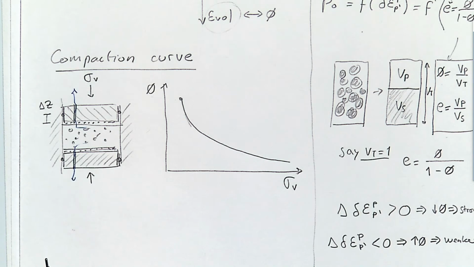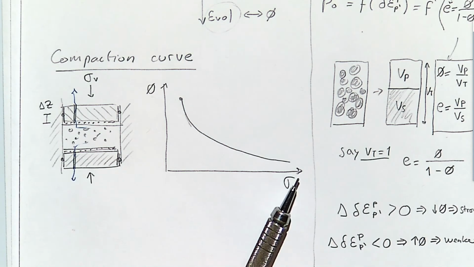Can you measure the volume of water also? You can also measure the volume of water. Usually that will be a less accurate measurement of volume, but you can do that, yes.